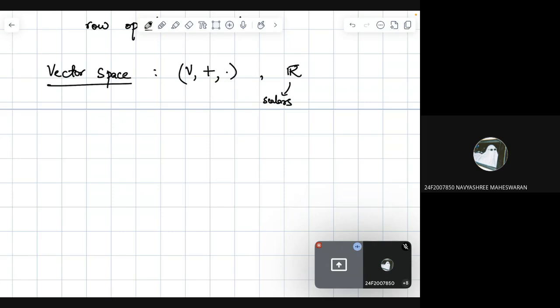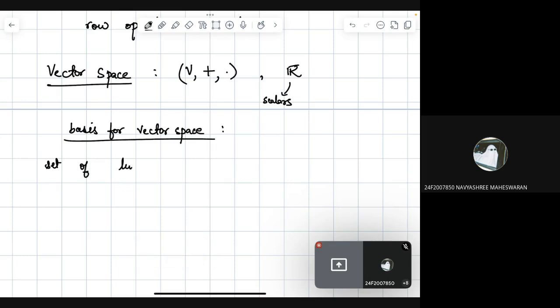Then what is the basis for the vector space? The basis for a vector space is a set of linearly independent vectors that spans the entire vector space.